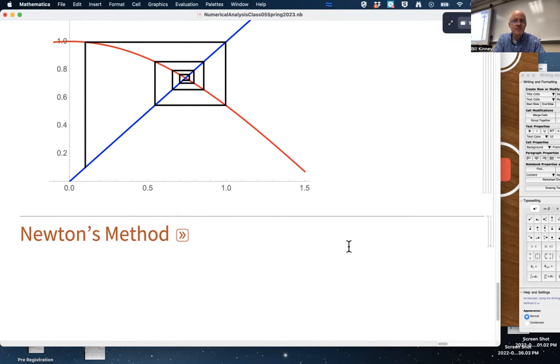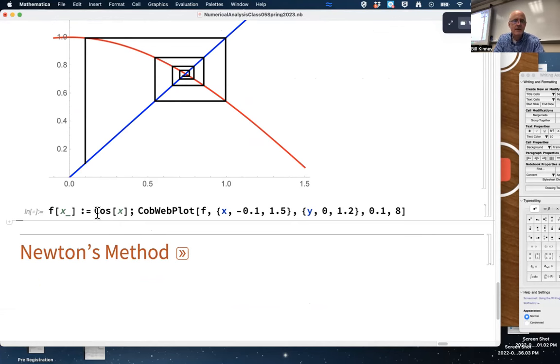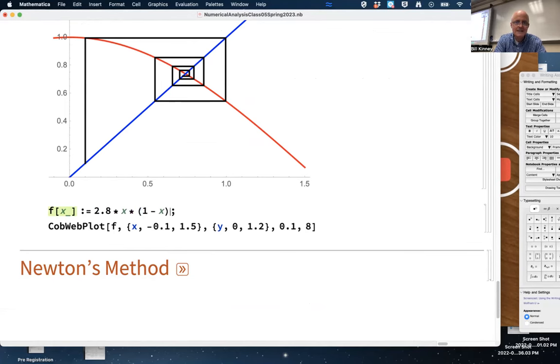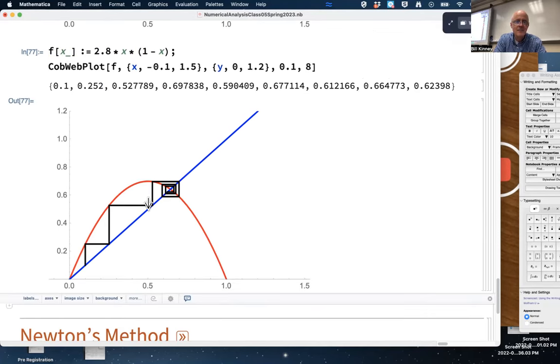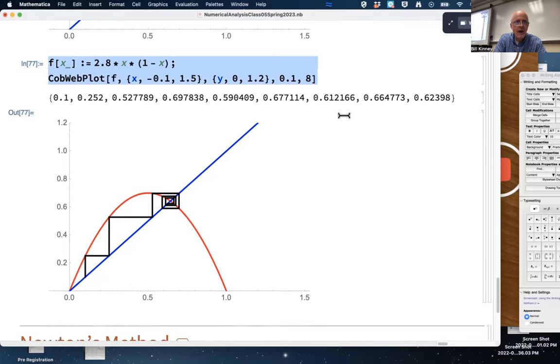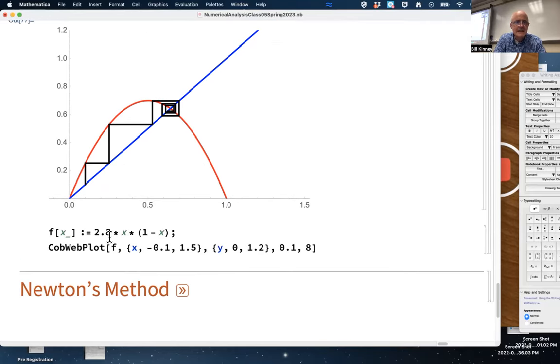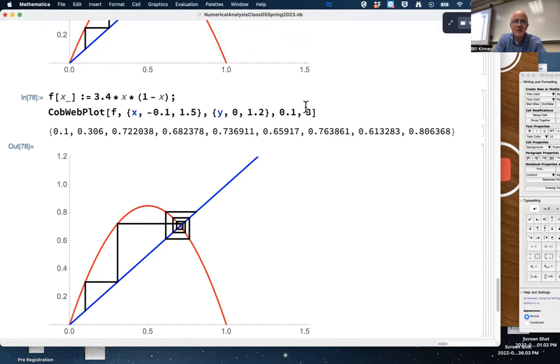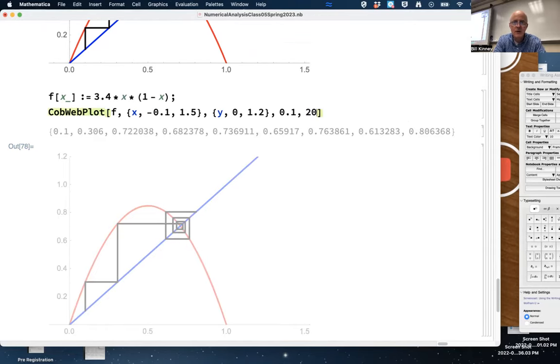Sure. If I make the function be 2.8 times x times 1 minus x, then we get the first picture. If I make the function be 3.4x times 1 minus x, then I get the second picture. Let's go out more iterations. How about 20 iterations?